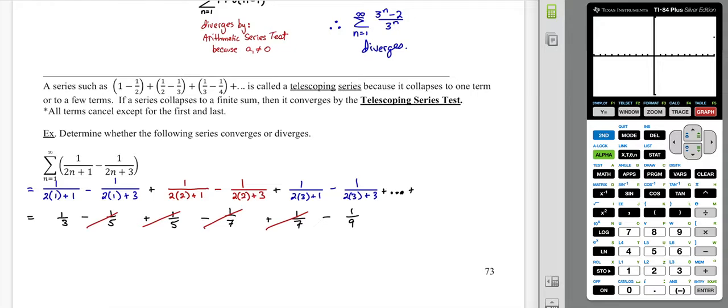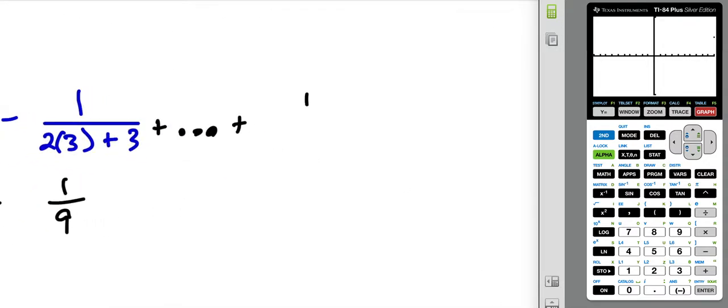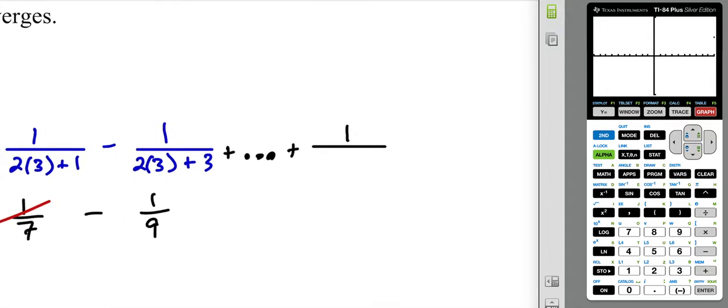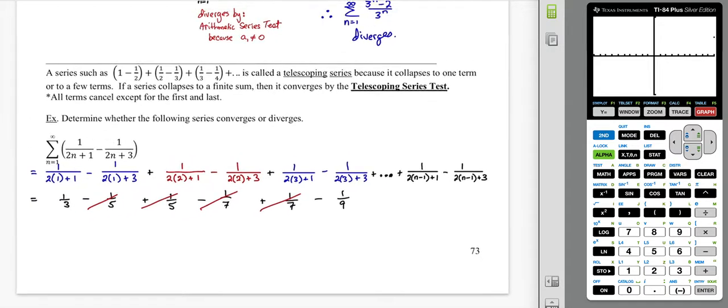So if I replace the n's with an n minus 1, so I want to go one short of the last term: 2 times (n minus 1) plus 1, minus 1 over 2 times (n minus 1) plus 3. Then I can get to the last term, which is just going to be the expression that's written in the summation.